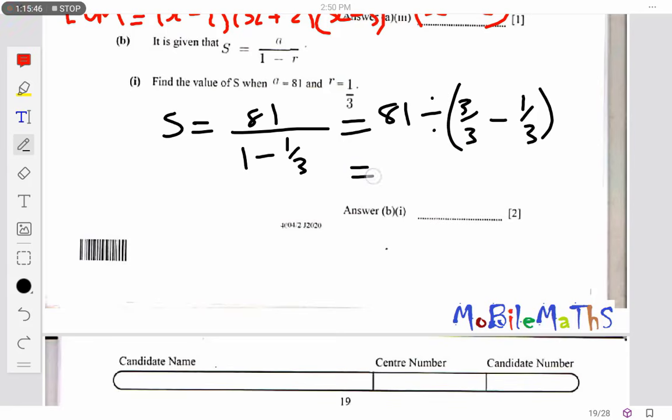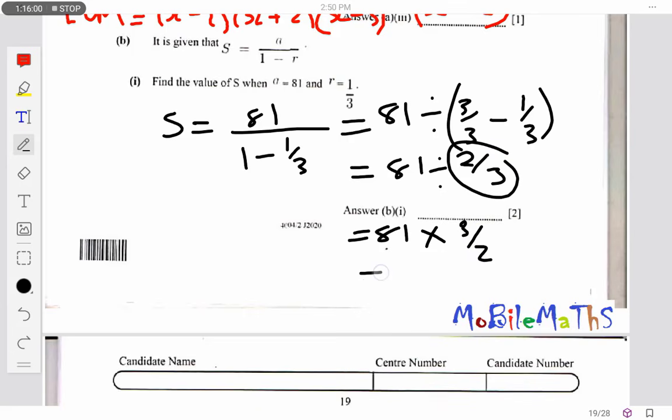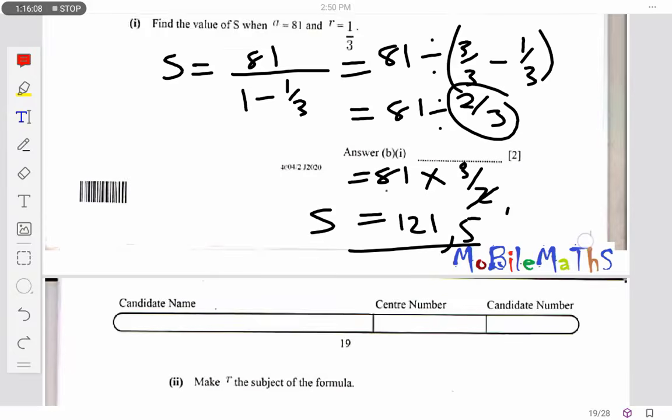So I get 81 divided by 2 over 3. So I'm multiplying 81 times 3 over 2, and I'll get 121.5 as the value of S. That is how you do it.